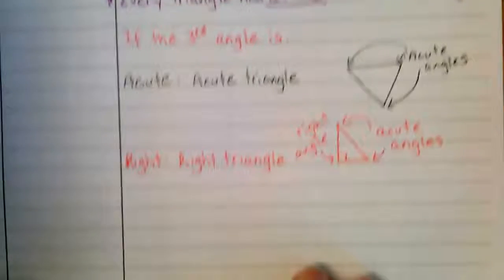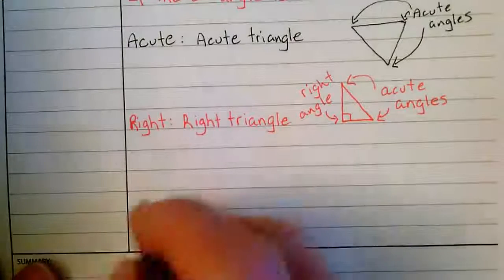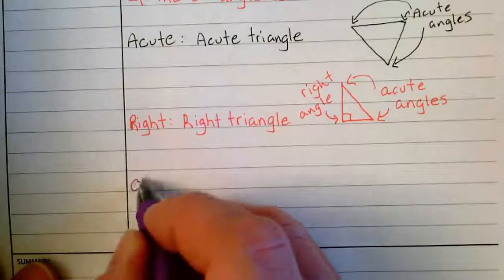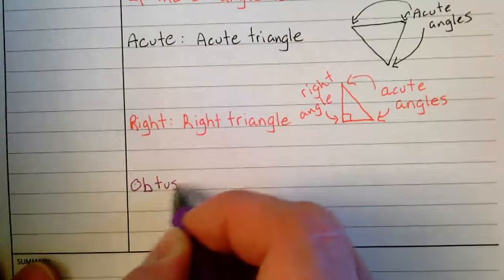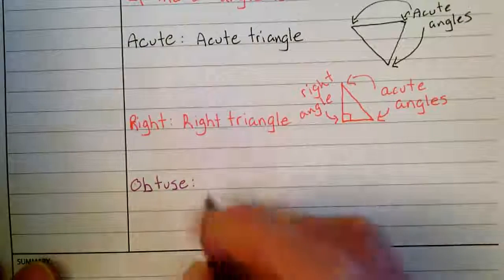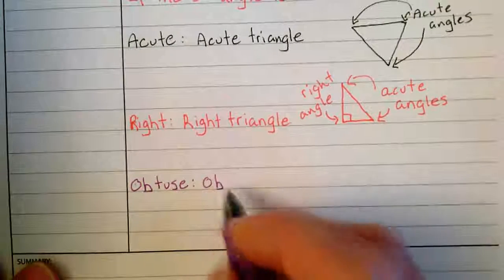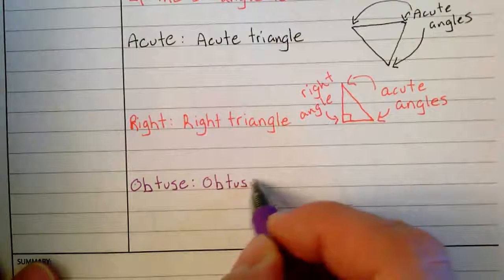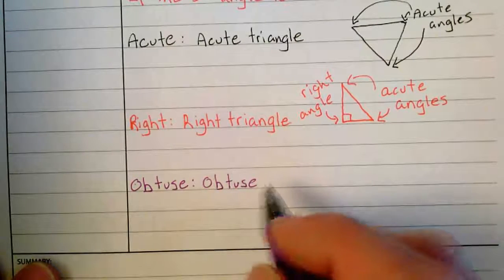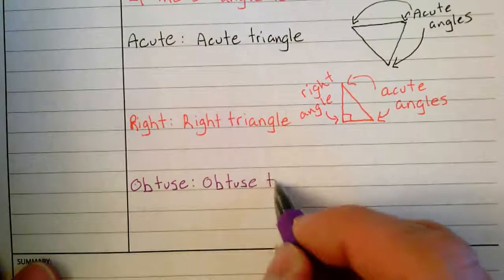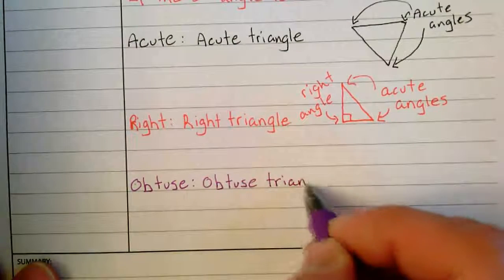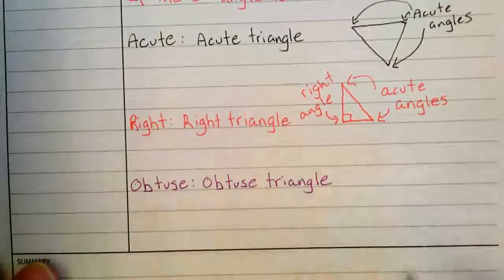If, on the other hand, the third angle is obtuse, we have an obtuse triangle.